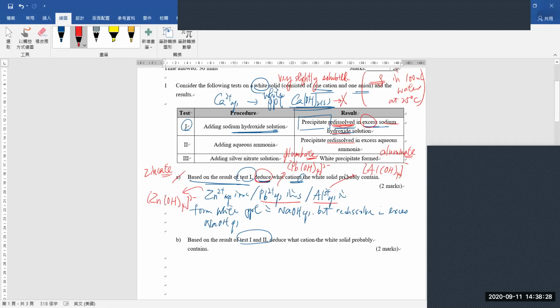B, based on the results in 1 and 2, two pieces of information together, judge and deduce what cation the white solid probably contains. Mark Hiếu Lam, do you know? Zinc.